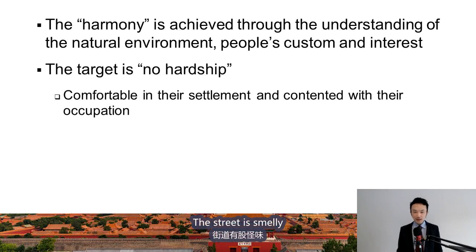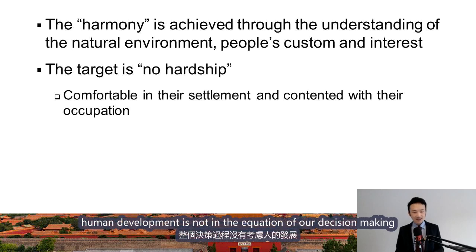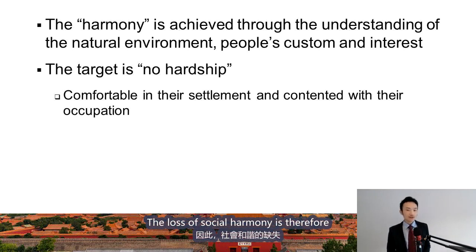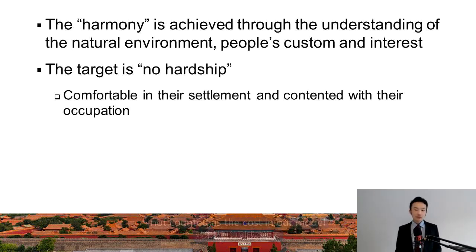The street is smelly, the traffic is absolutely horrible, but the buildings are still being built. So the problem is, human development is not in the equation of our decision making. So the loss of social harmony is therefore not counted as a cost in our model.